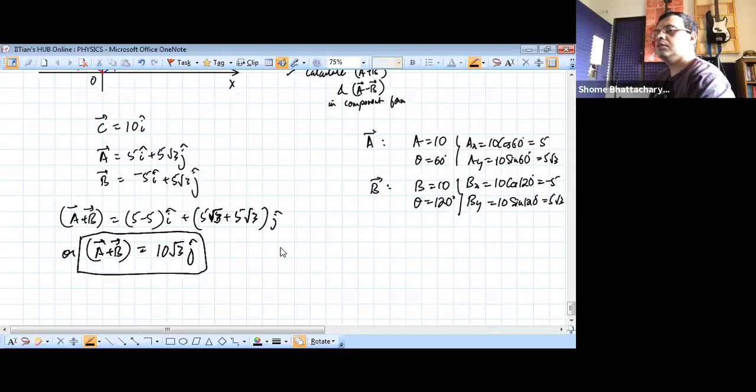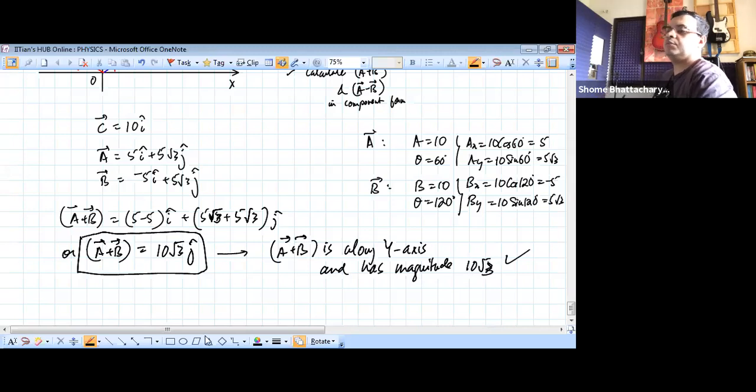So what we can say about the vector A plus B? A plus B is along the y-axis and has a magnitude of 10 root 3. So this is what we can say about A plus B.